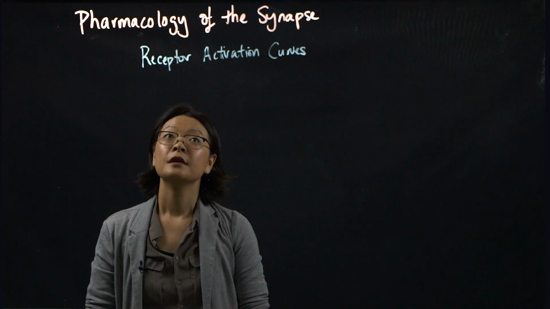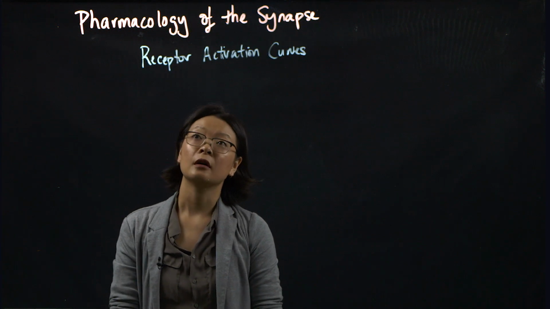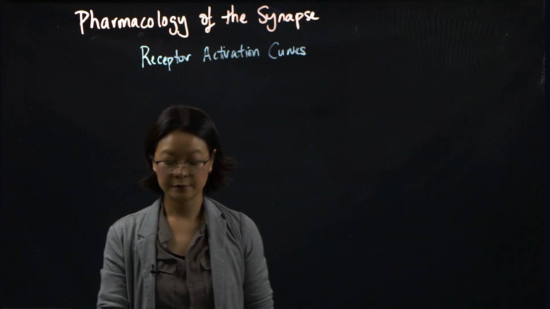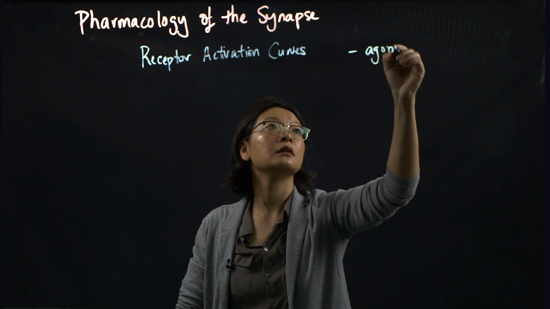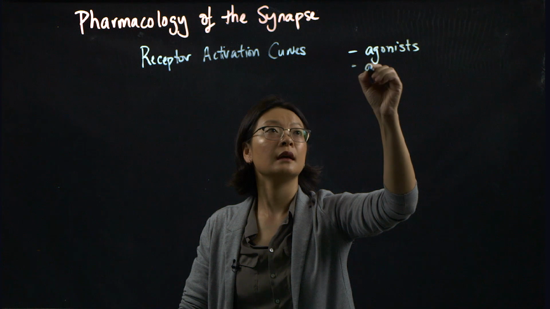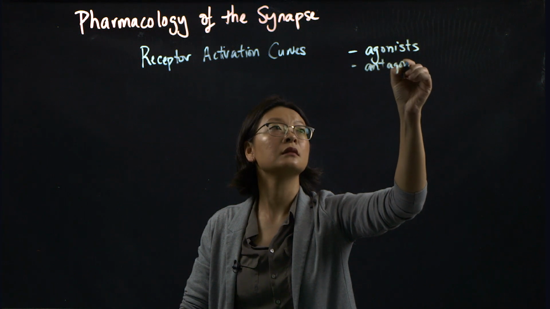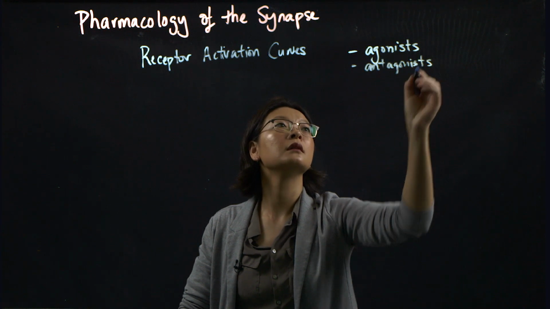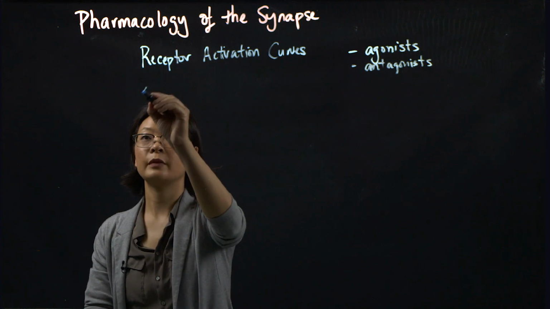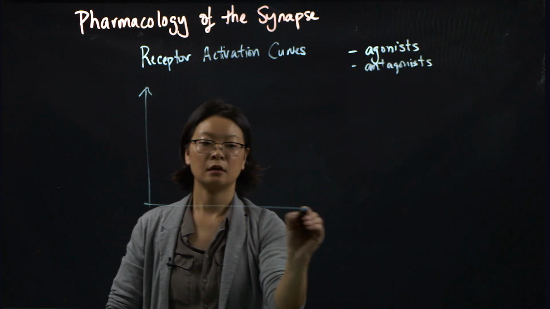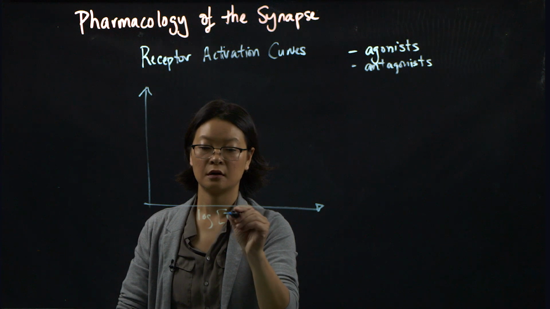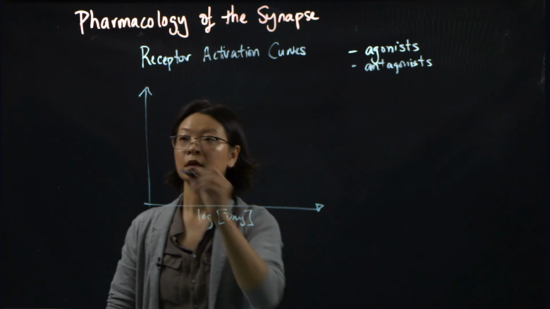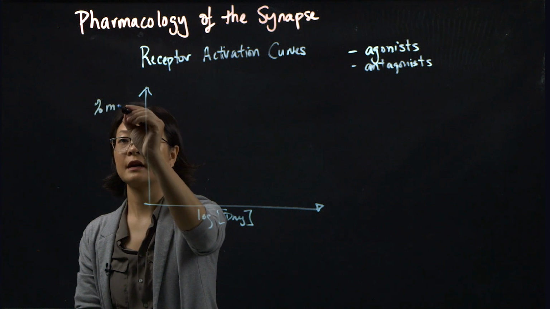So the next concept that we're going to cover are receptor activation curves, particularly agonists and antagonists. So again, if we go back to our dose response, and this is log drug, and this is percent max effect.